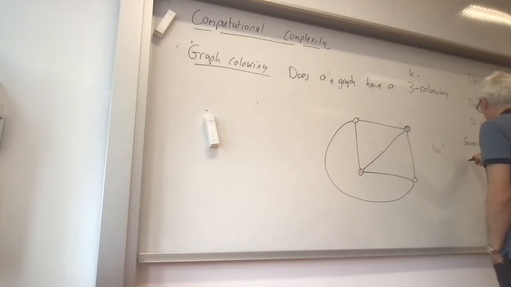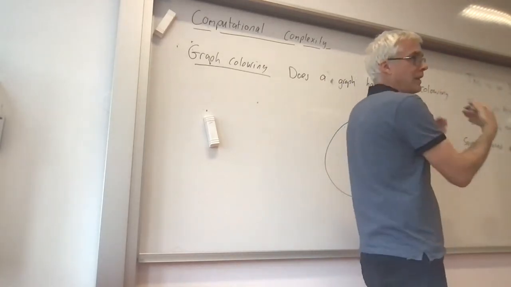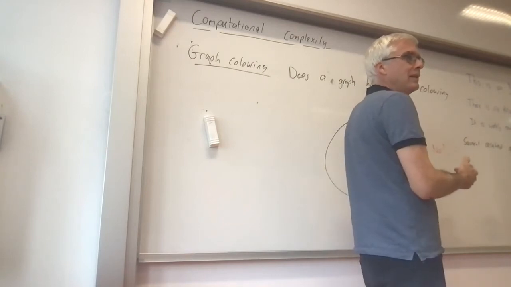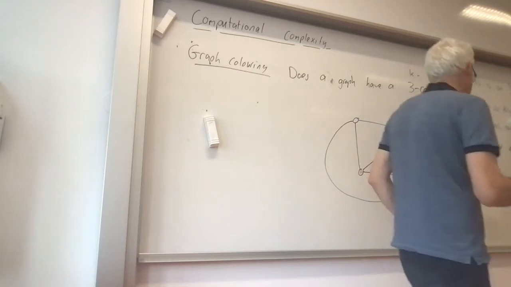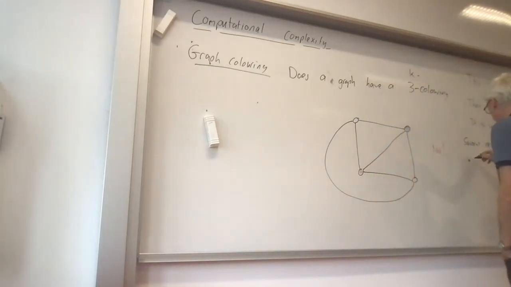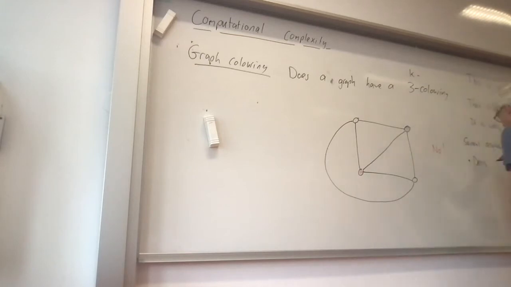So the first one is the question we were looking at. Given a graph and given a number k, does the graph have a k-coloring? So does a k-coloring exist? This is called the decision problem. We're deciding yes, no, does the coloring exist?